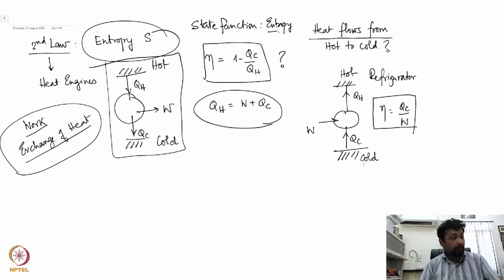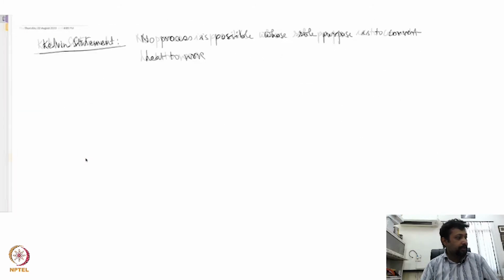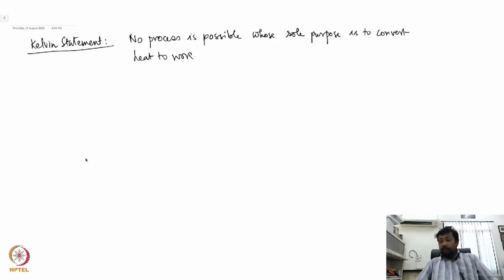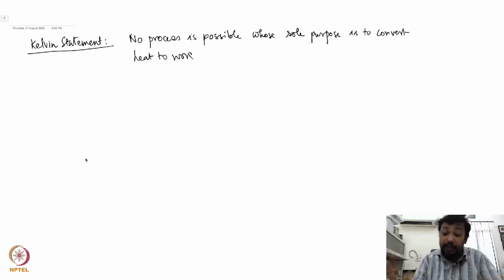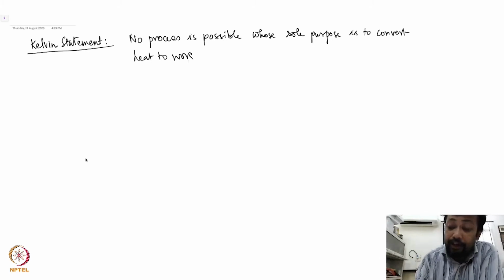Now, let's quickly go to the next page. There are two statements of the second law. The first is the Kelvin statement, which tells you that no process is possible whose sole result is the complete conversion of heat to work. That you do not get.